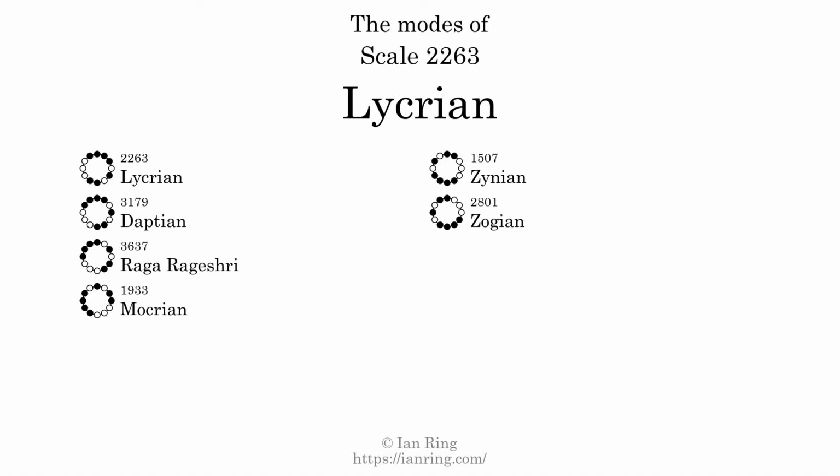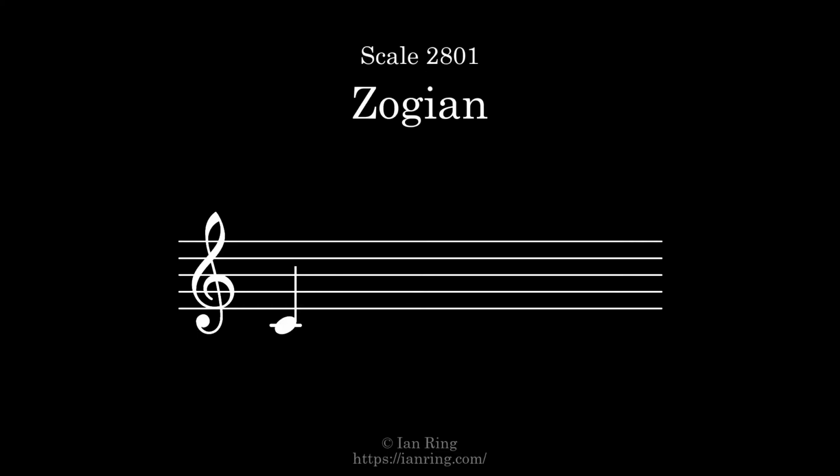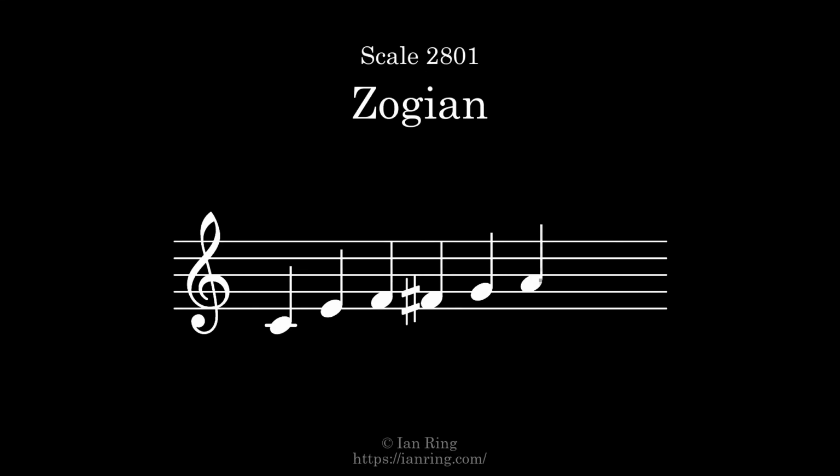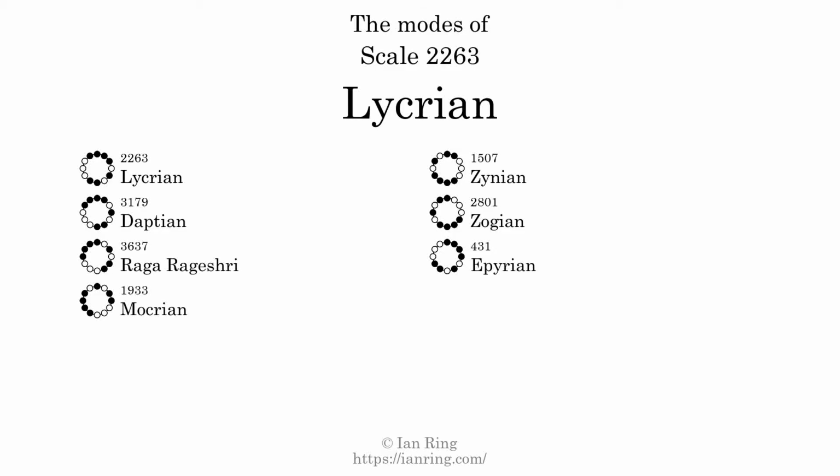The sixth mode is scale 2801. Also known as Zojan. It sounds like this. The seventh and last mode is scale 431, also known as Lycrian. It sounds like this.